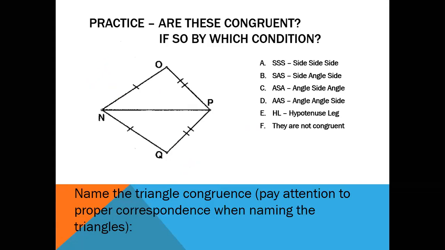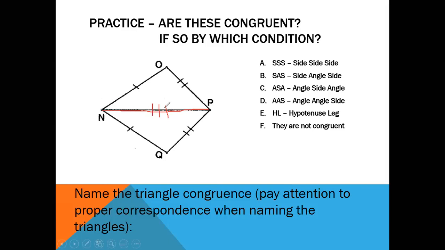What do these two triangles share? A side. Good. They share this side. If they share a side, you're allowed to mark that it's congruent. So it's just common sense.